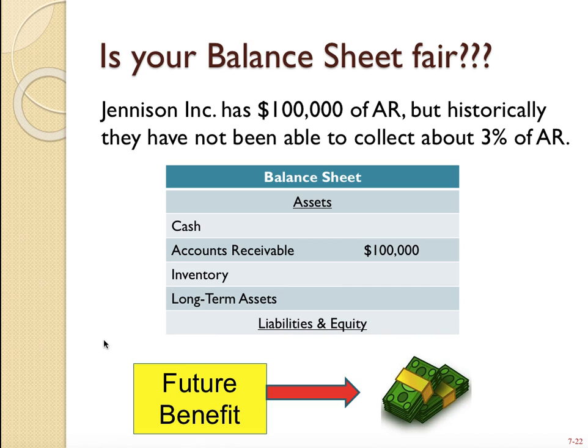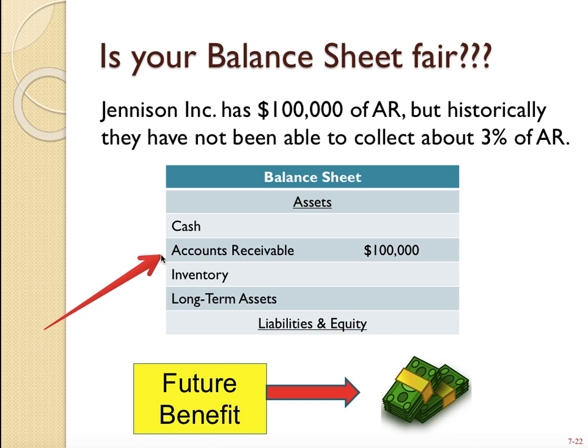But here's the thing. When you are looking at your balance sheet, we want to make sure that our balance sheet is fair. So let me give you an example here. Jennison Inc. has $100,000 of AR, but historically they have not been able to collect about 3% of AR. So again, the percentage isn't very high, but it's something to keep in mind that in the past we have had trouble collecting AR.